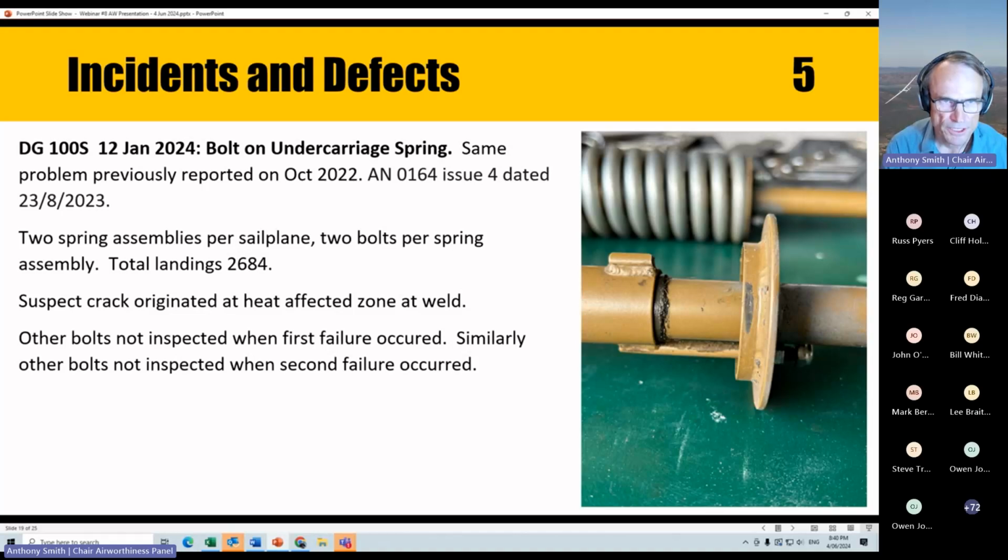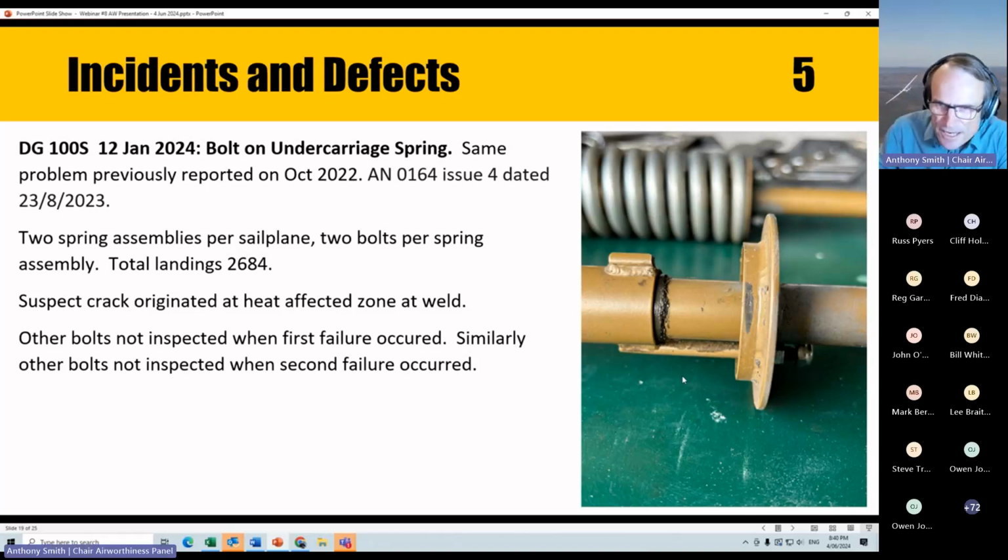And I have a suspicion that some of these other bolts might have been cracked back in 2022 and it wasn't detected. When you do find problems like this, as an example, let's say you find that the port aileron bell crank is cracked, it's a good idea to go and have a look at similar bell cranks like the starboard aileron bell crank to see if that's got a crack developing at the same time.